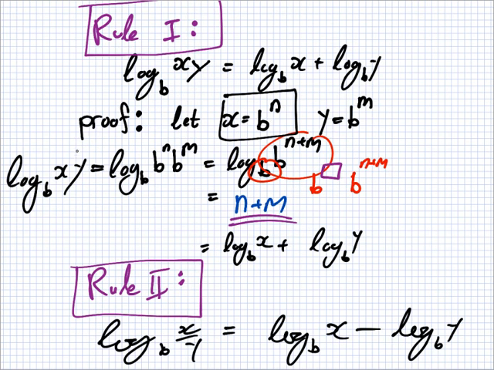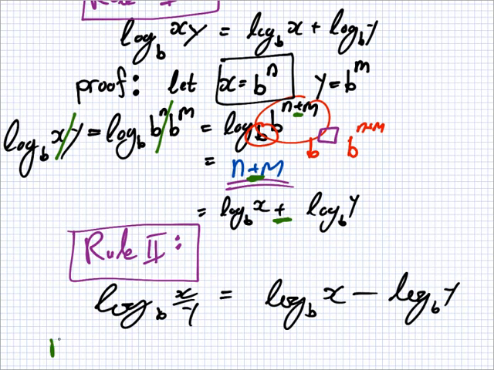So here this is divide, here this is divide, and up the top now is minus, because b^n divided by b^m is b^(n minus m). So this is a minus, so this is a minus. So the proof is the same really.